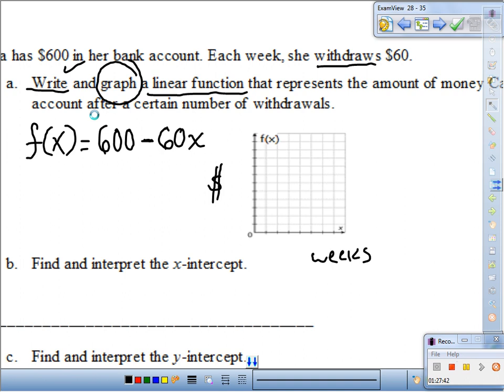Now, there's two ways of doing this one. You can either, let's see, how many different ways do we know graphing? Talk it over with your neighbor. How many different methods do we know for graphing? 3.